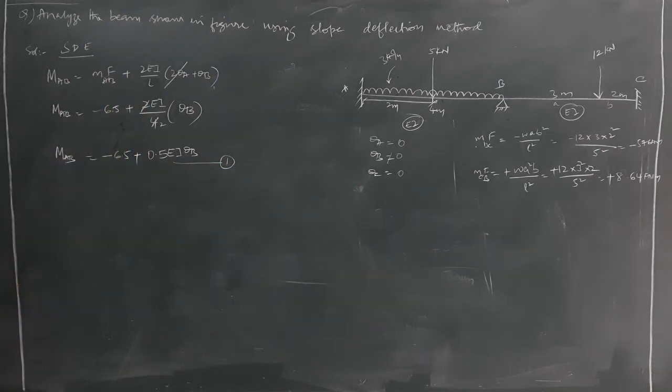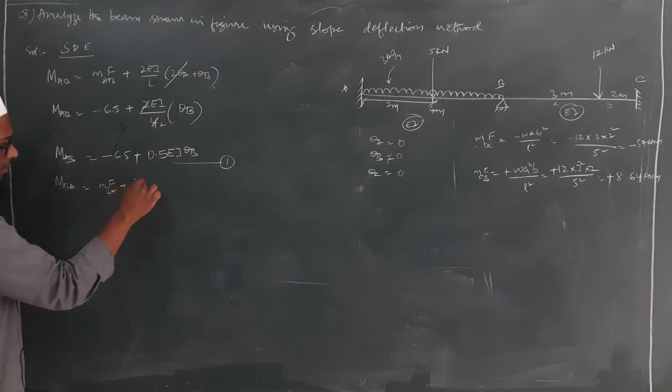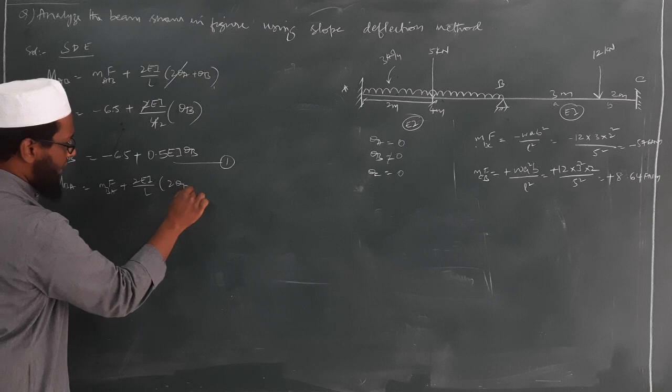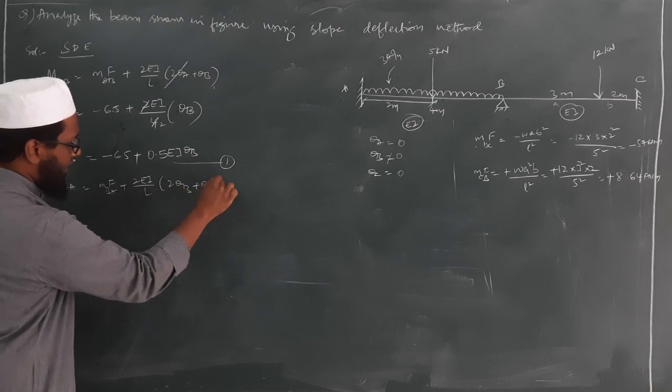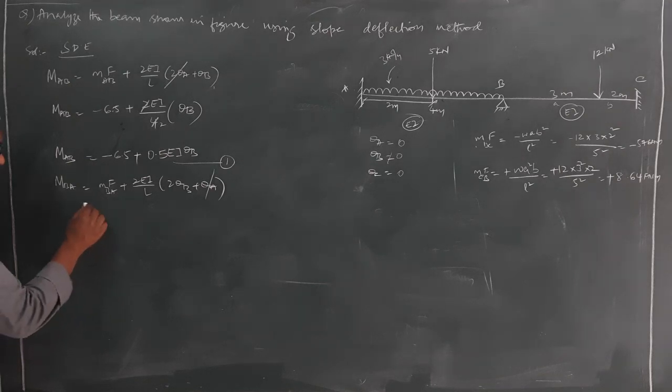Alright. Now we'll go for another equation, that is MBA is equal to MFBA plus 2EI by L into 2 theta B plus theta A. Here again theta A is equal to 0. So what is the value of MFBA we got? Same, plus 6.5, right?